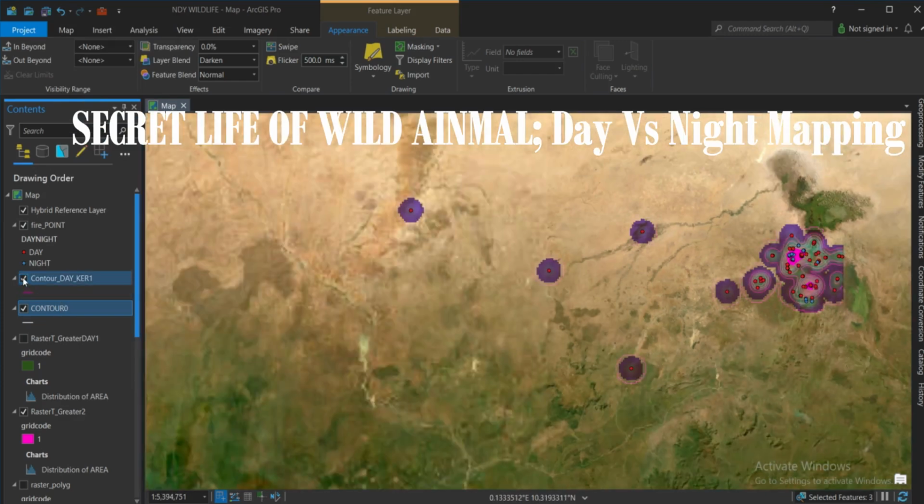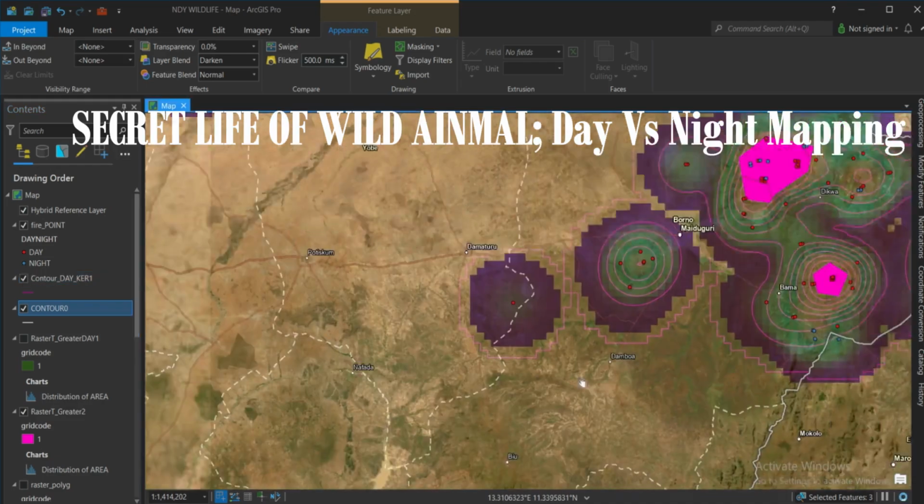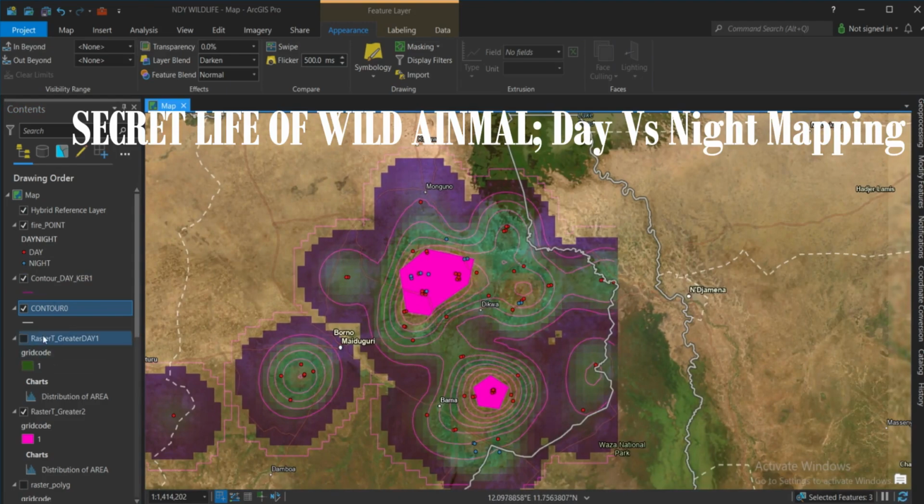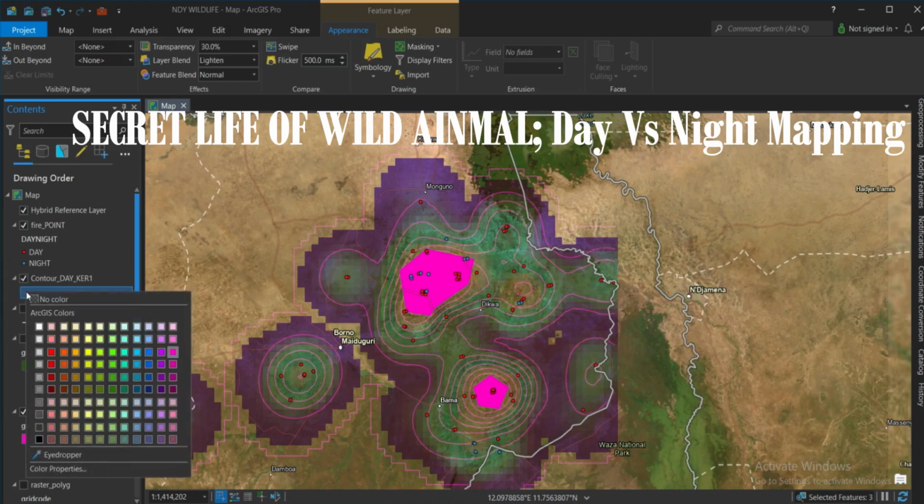These are the theoretical ranges. They represent transit corridors or areas used only occasionally. The purple and blue areas are used occasionally.